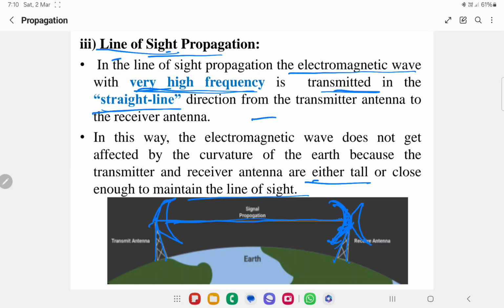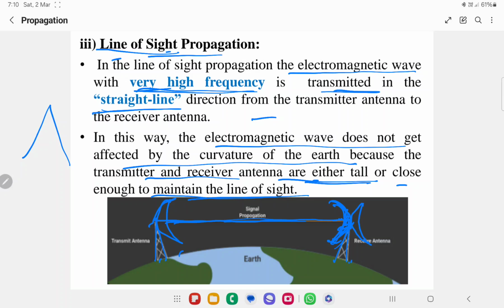Many times we can see these things being done. So the electromagnetic wave doesn't get affected by the curvature of the earth, because the transmitter and receiver antennas are either tall or close enough to maintain line of sight, meaning a straight line. You can see some examples.